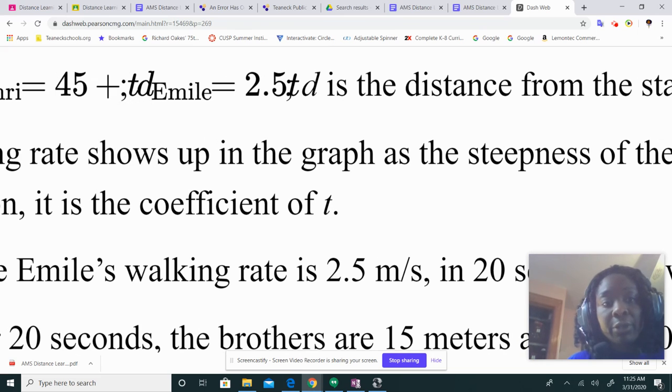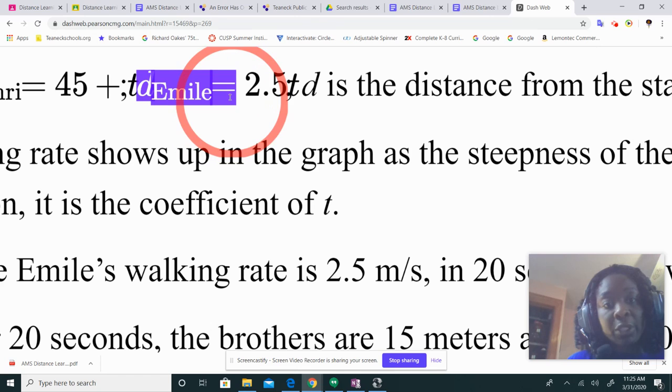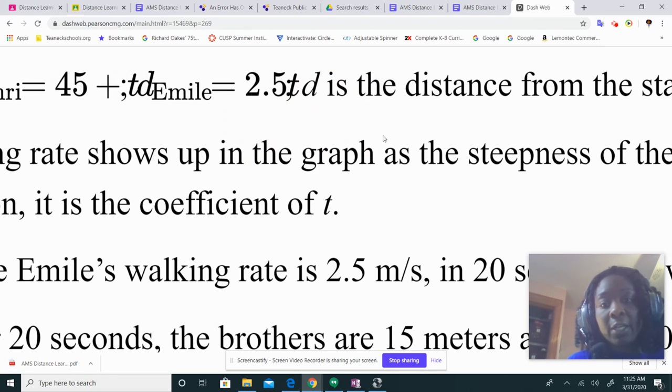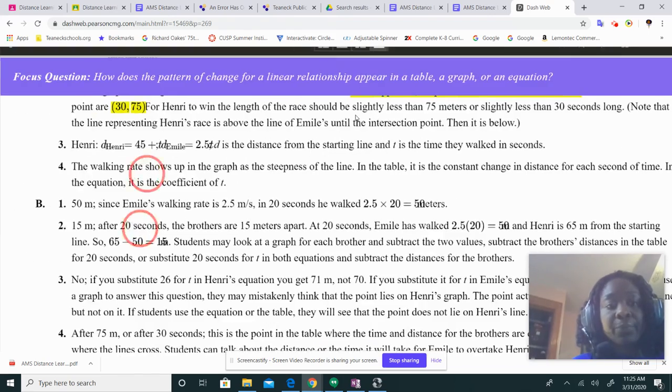Emil is a different scenario, because he's going 2.5 meters per second. So his distance, this should be separated here in this answer key, D for Emil equals 2.5 times time. Okay, and D is the distance from the starting line.